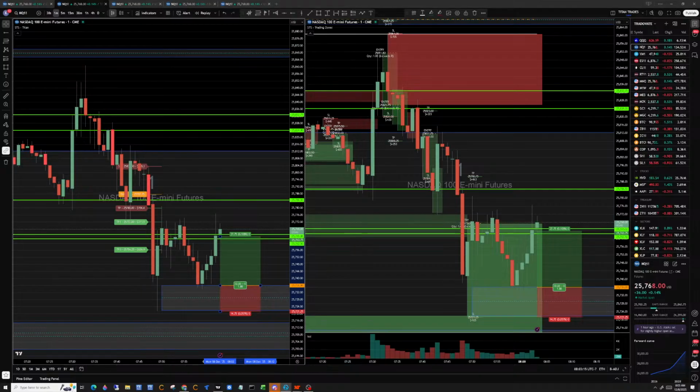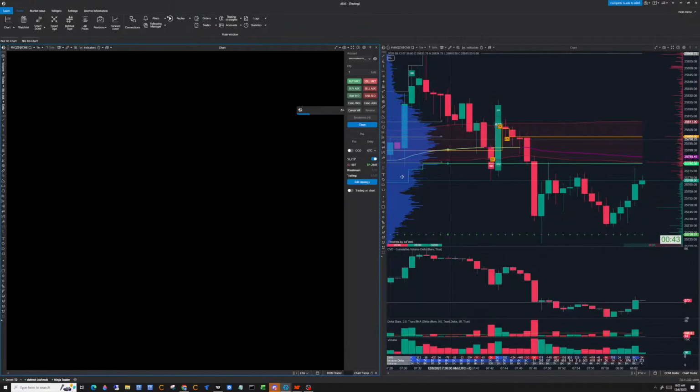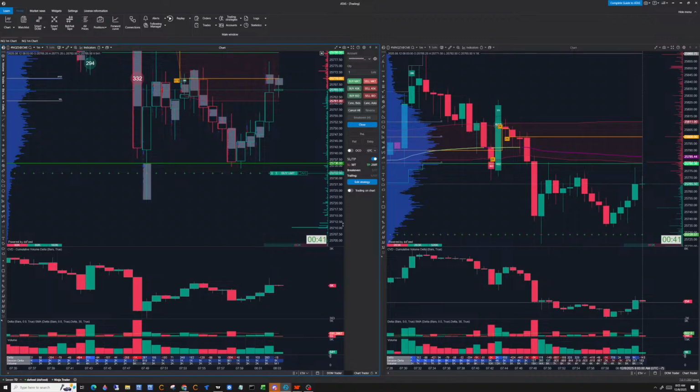Can you believe I had an order ready? Look at this. This is how I left my chart, and look at how close I got. I just didn't use my own level. I gave you guys the best level, and I didn't trade it myself because I didn't want to take the whole risk. If I would have traded right here, it would have been about $295 total risk.